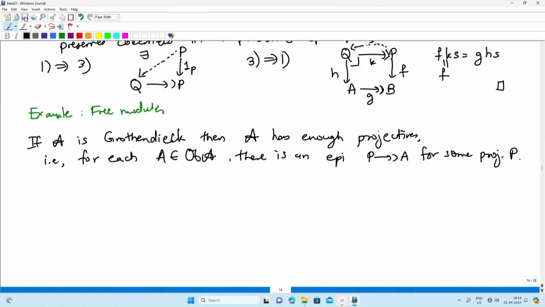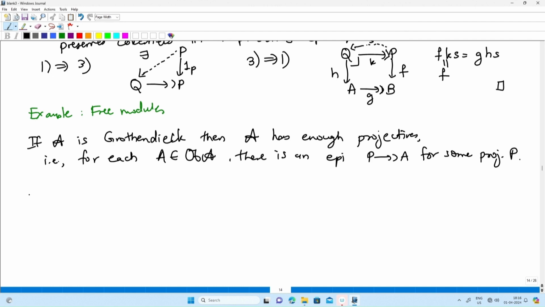And because we have seen that every Grothendieck category is a localization of a module category, you can have the same property here. Yeah, the images of free modules under the localization will work. Okay, so this is what we want, that it has enough projectives. Now, if it has enough projectives, then we can do something very interesting.